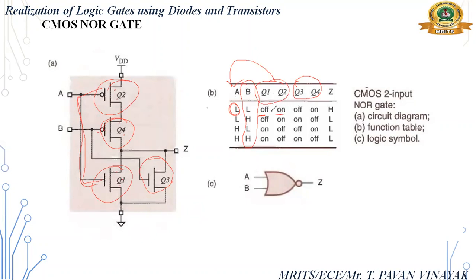Like that, see the operation and calculate the output. This is the CMOS NOR.